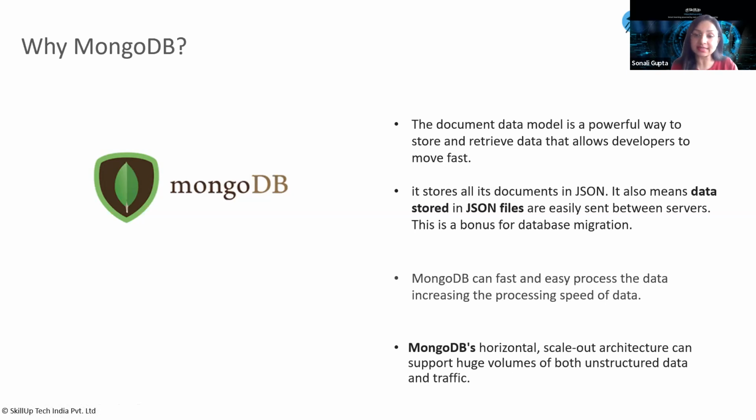It is a horizontal scale-out architecture, and it supports huge volumes of both unstructured data as well as traffic. So I think that gives you a fair idea of what MongoDB and NoSQL are. If you want good hands-on experience, I would definitely suggest taking the practicals that are defined in the course as well.